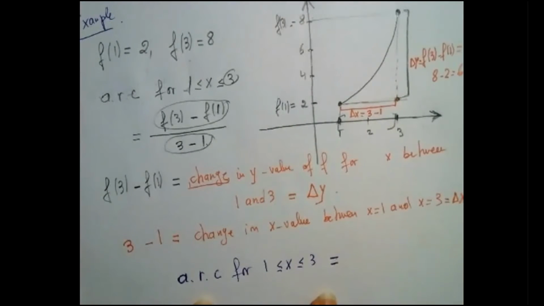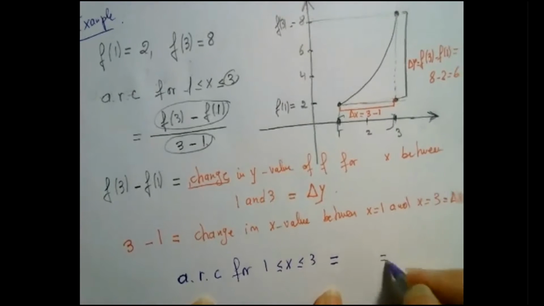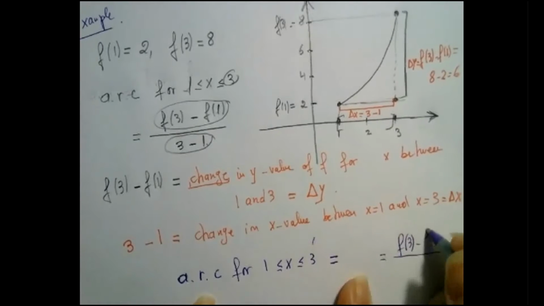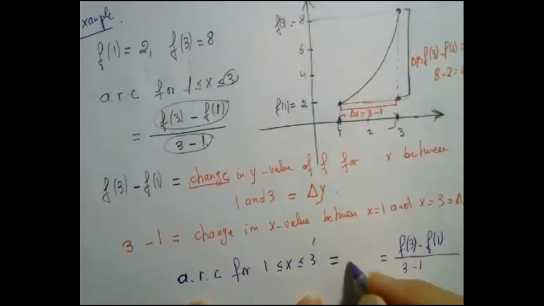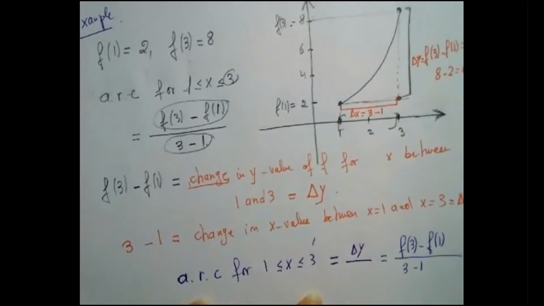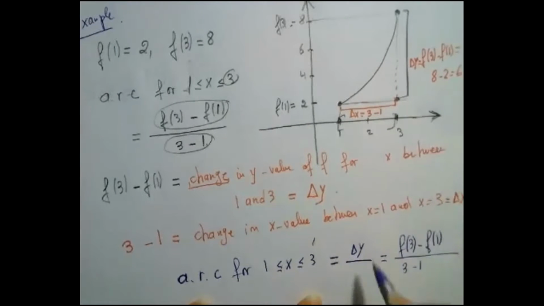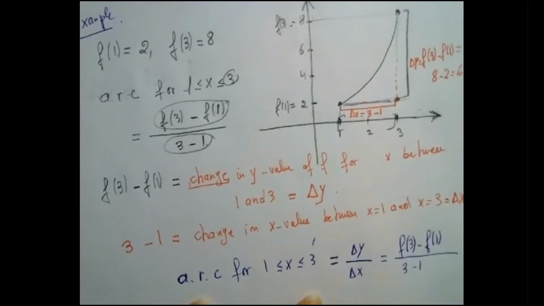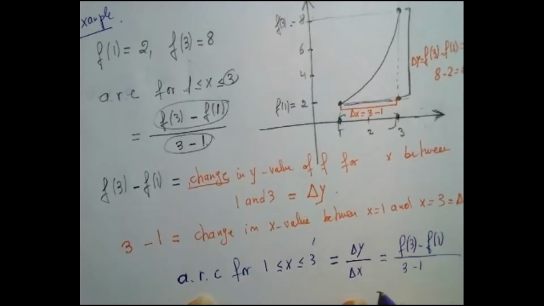It's f of 3, the value here, minus f of 1, over 3 minus 1. So we write this as delta y, because the numerator is always how much my output changed, over delta x, because that's how much the x changed.